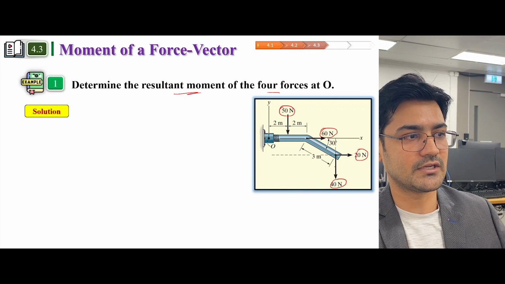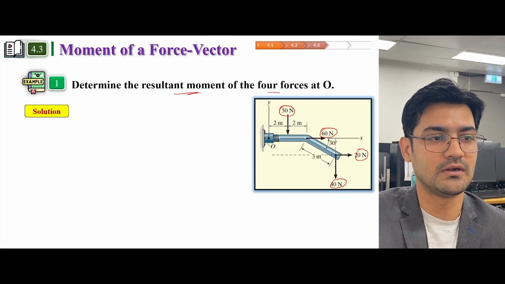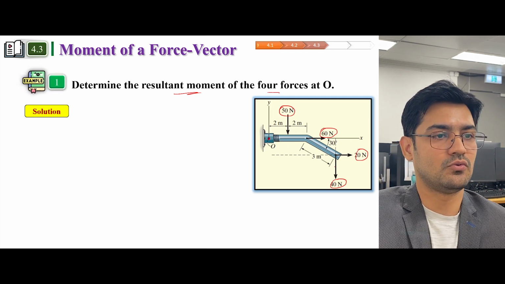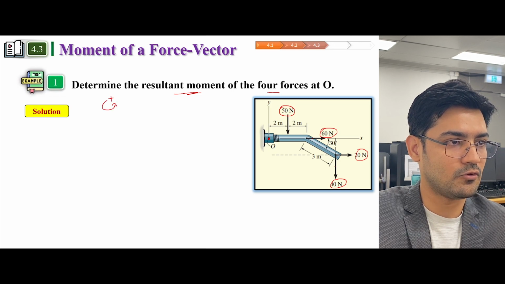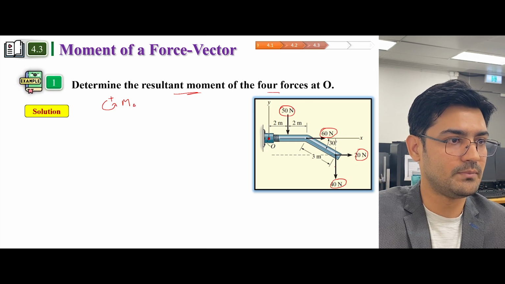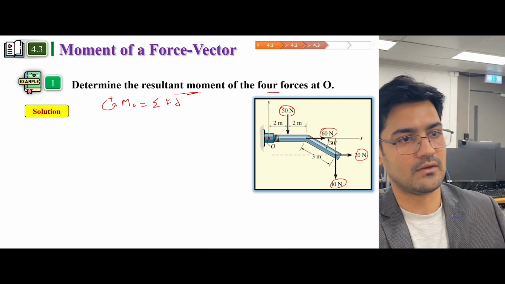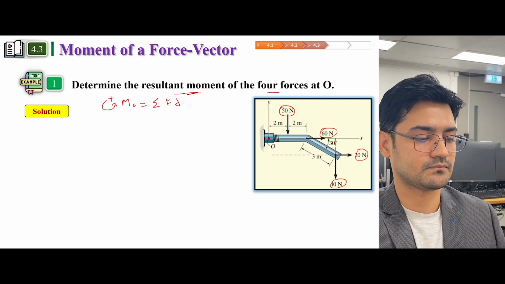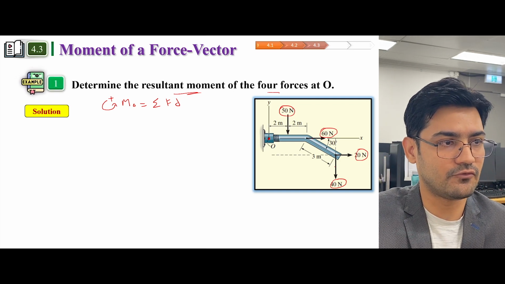What we are interested in this example is to calculate the resultant moment of the four forces at point O. As we know, the anti-clockwise moment positive at point O would be equal to the sum of all the forces' moments. Now how many forces are there? We have four forces, right?